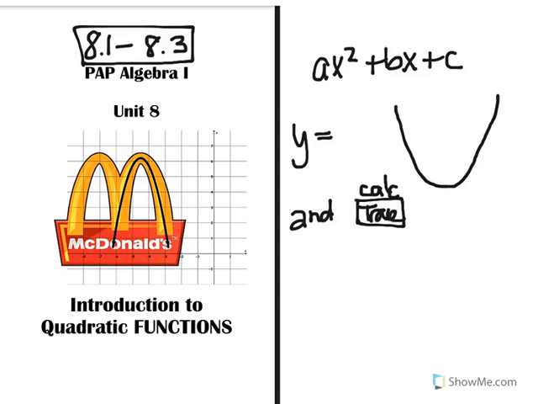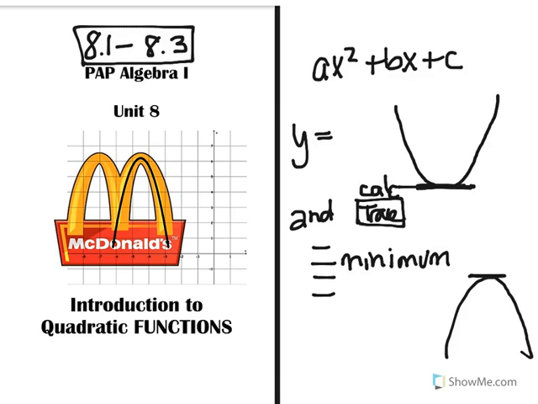And then you look at the list that it gives you, and if your parabola opens upward and has a vertex at the bottom, you're going to pick minimum. And if your parabola opens downward and has a vertex at the top, you're going to pick maximum. So you choose one of those two items and then follow the directions.